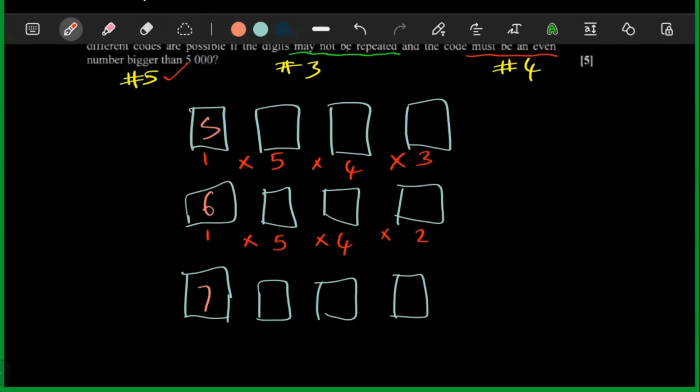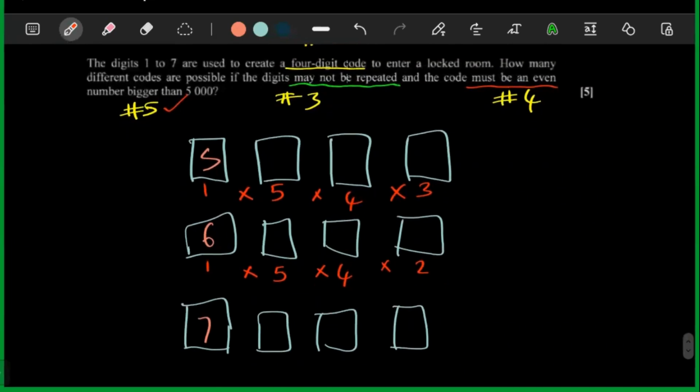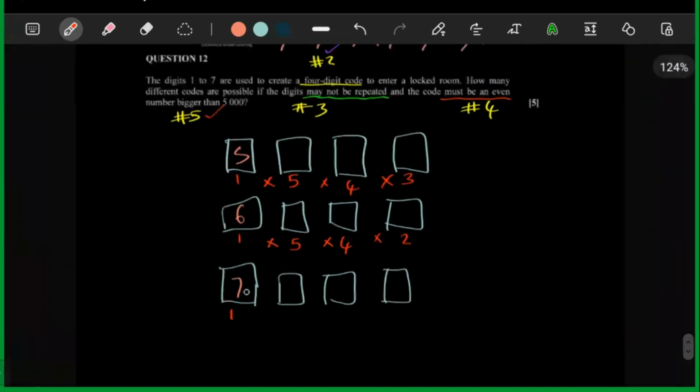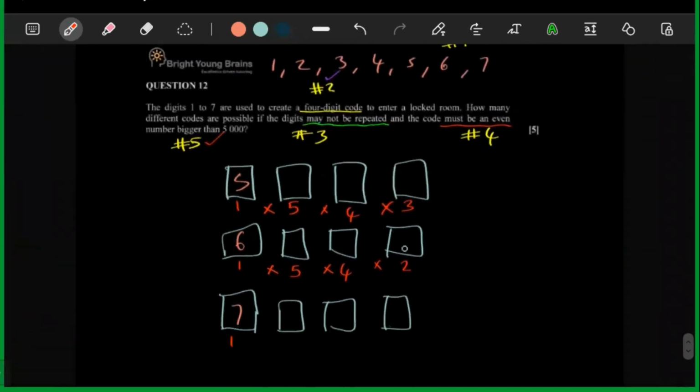You do the same thing. Numbers that start with a 7, there's only one option in the front. Once you put a 7 in the front, for the back, you still have 3 options because you have 2, 4, 6. Once you put a number here and here you only have 5 options now, and here you only have 4 options. So now you add up these totals here. The number of options for the 5, the number of options for the 6, the number of options for the 7.